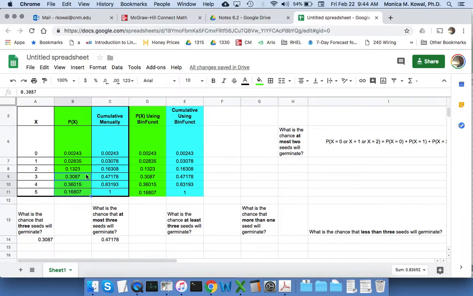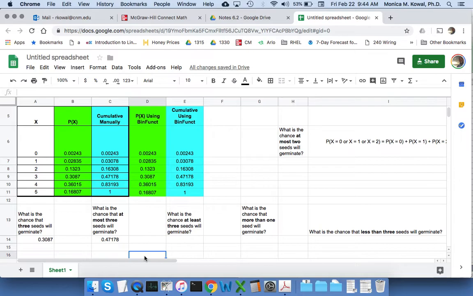Now I hope I said that correctly. What's the chance that at most 2 will germinate? That's this probability, which is the sum of these 3 cases, together with the negation that at most 2 will germinate, which means that at least 3 will germinate, which is the sum of those 3 cases. We know that if we've summed all the individual cases up, we should get 1.